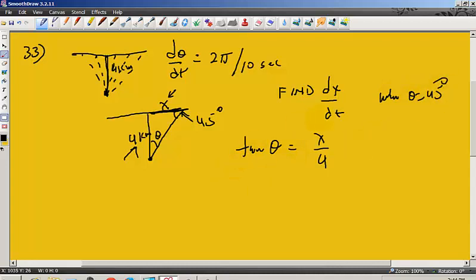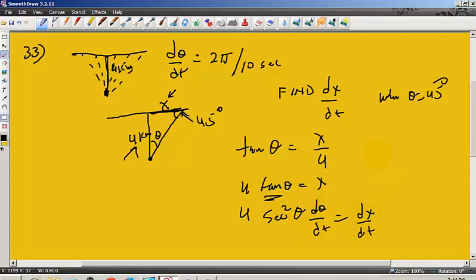So 4 times tangent of theta is equal to x. Take the derivative of this: 4 times, what's the derivative of tangent? Secant squared theta d theta/dt is equal to dx/dt. So I have 4 times secant squared.